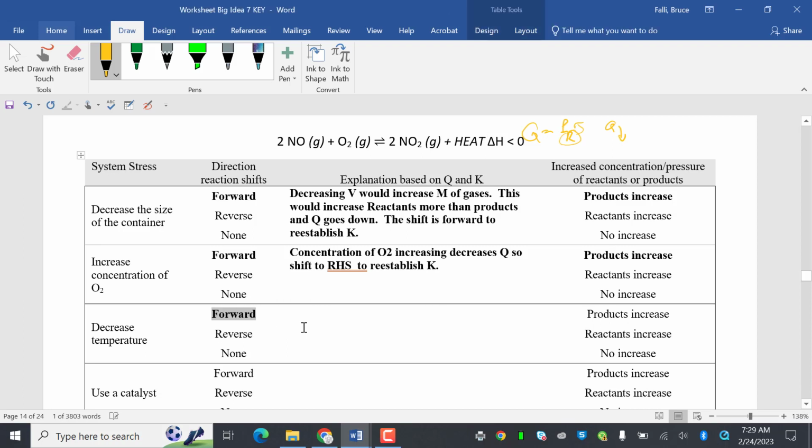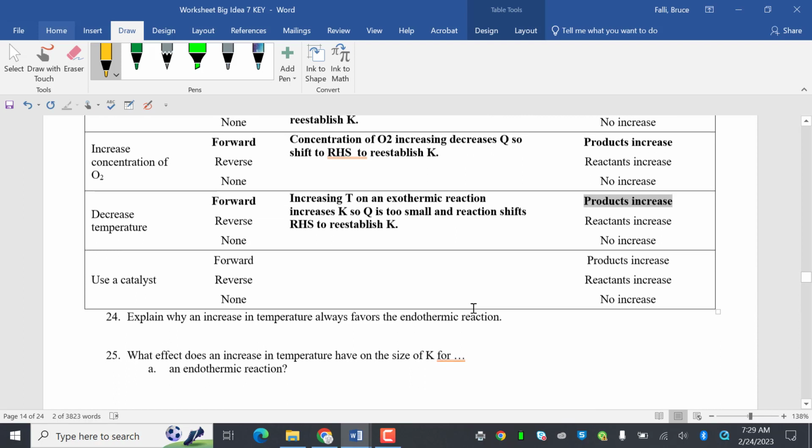Increasing temperature on an exothermic reaction increases K, so Q is too small, and the reaction shifts to the right-hand side to reestablish K. Shift to the right-hand side, my products are increasing, booyah.